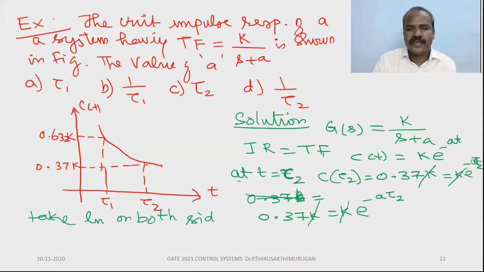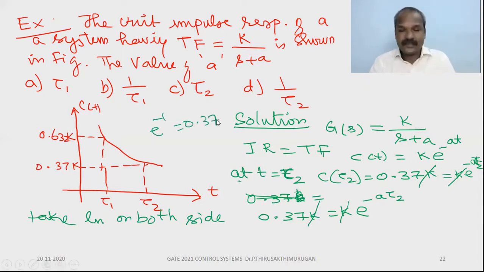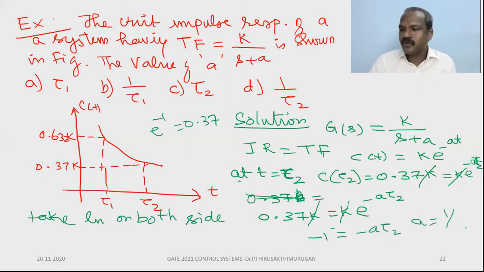You know that e power minus 1 is 0.367, so e power minus 1 equals 0.37. So minus 1 equals minus a tau 2, so a equals 1 by tau 2. Which is the answer? D is the correct answer.